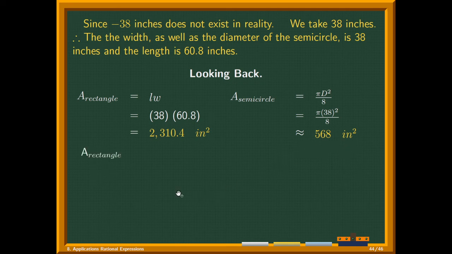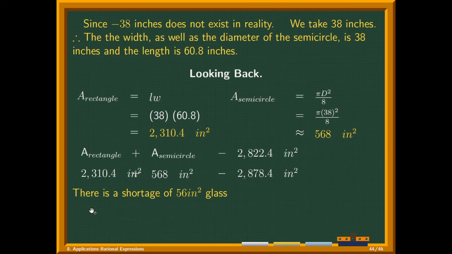So let us check. Area of a rectangle plus area of a semicircle minus the 2,822.4 square inches. Is it enough?